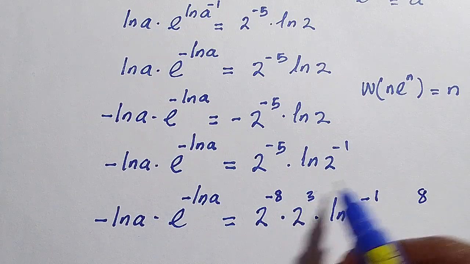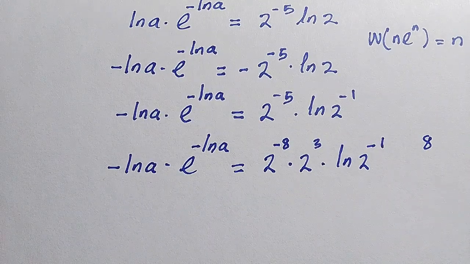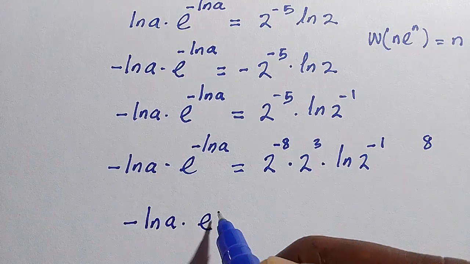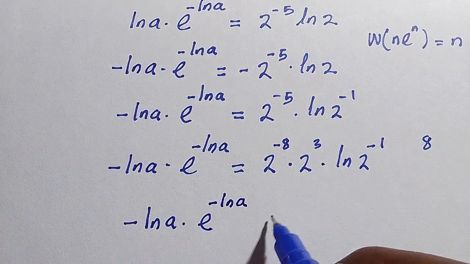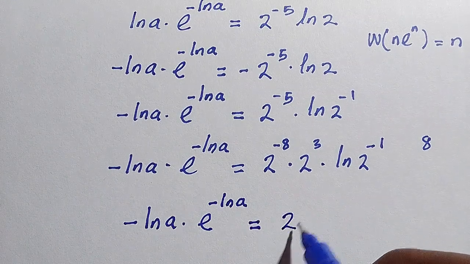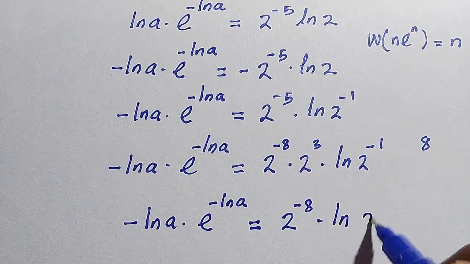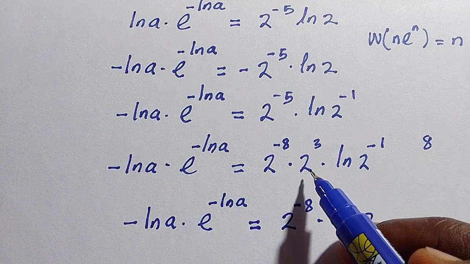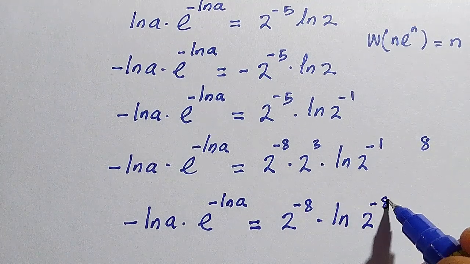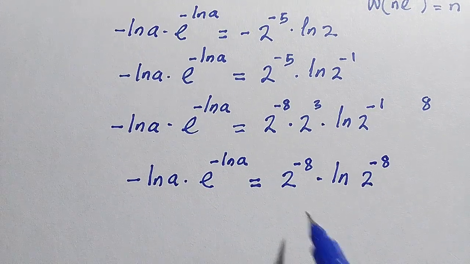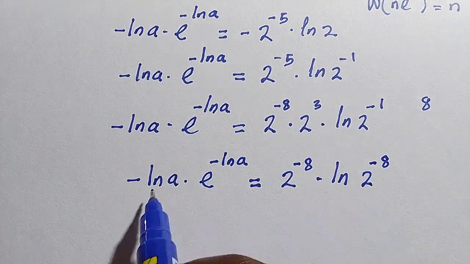And by taking this 8 back to this, we are going to have this as minus ln a multiplied by e to the power of minus ln a equals 2 to the power of minus 8 multiplied by ln 2 to the power of, if this is 8, and this comes as 2 to the power of minus 8. And I want to make this one just like having exponent as this.